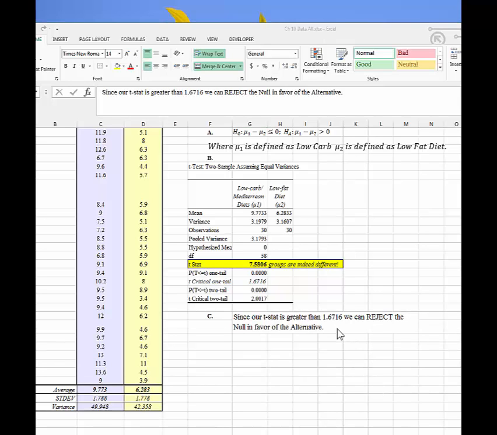And with that, we can say that at the 5% significance level, the sample data suggests that overweight individuals on the low carbohydrate or Mediterranean diet will lose more weight than their counterparts on the traditional low fat diet.